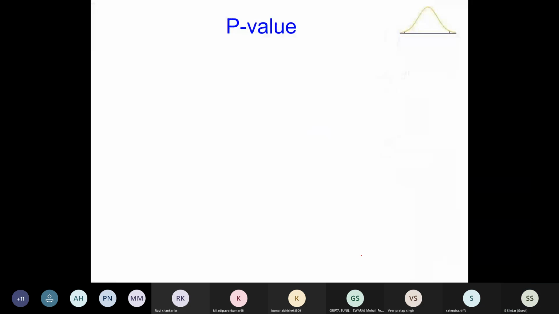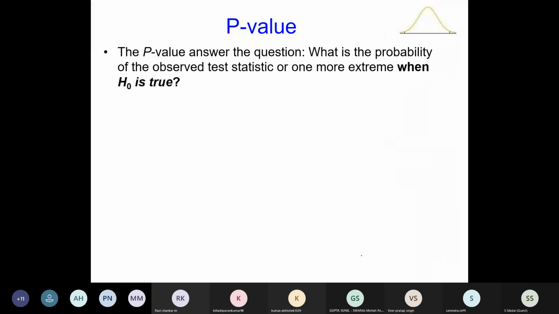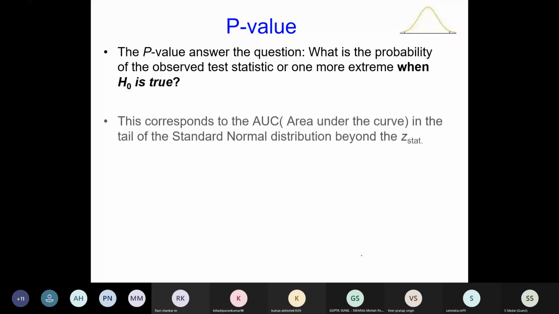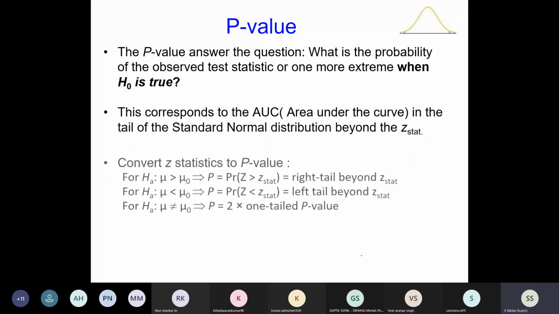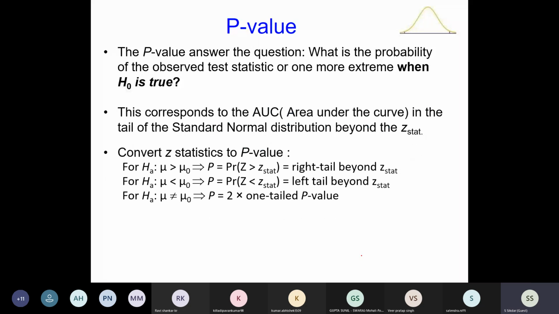Now there is also another step, the estimation of the p value. Let me show this. The p value answers the question: what is the probability of the observed test statistic, or one more extreme, when H0 is true?